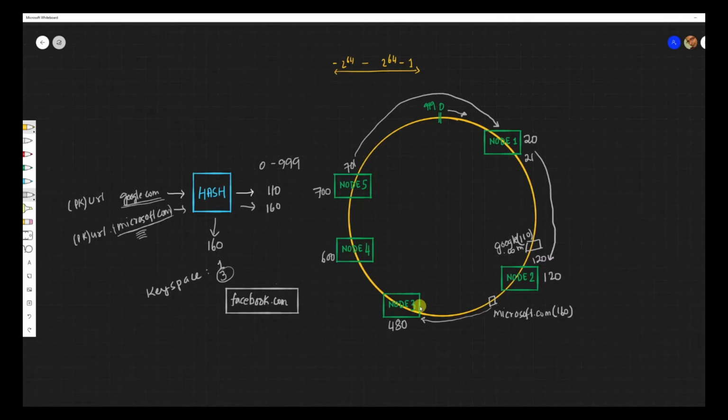So when I hand it over to my coordinator node, let's say my coordinator node is node 4, node 4 identifies that this data goes to node 5, node 1, and node 2. So this is how your replication actually happens. Essentially, Facebook was stored in node 5, node 1, and node 2. All the nodes have a copy of this.